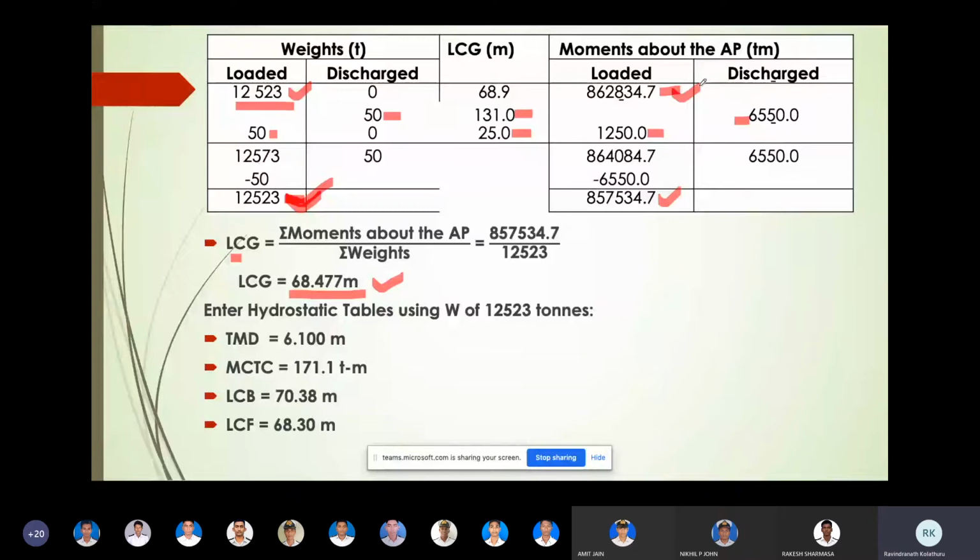So we take the approach of discharging first and loading second, so that we can find the moments correctly, and with that find the final LCG of the vessel. So that is why we have taken the approach of discharging and loading back again when shifting of weights is involved. Understood?